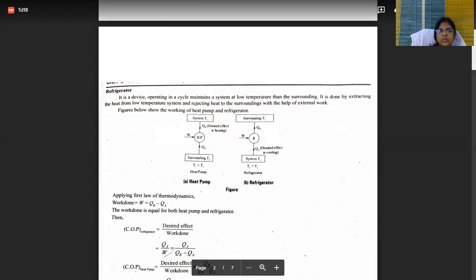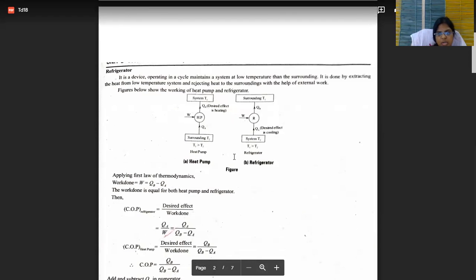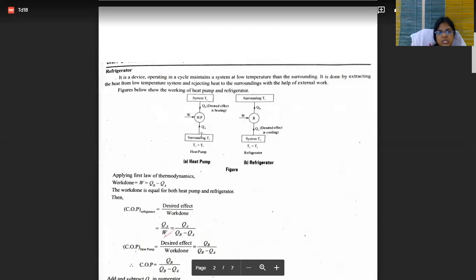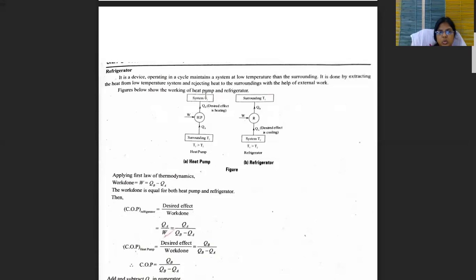Here are the figures relating to the heat pump and refrigerator. Now we come to the heat pump. This is the heat pump, this is the source and this is the sink. The source we call the system and the sink we call the surroundings. Our system maintains a higher temperature than the surroundings; we call that a heat pump.